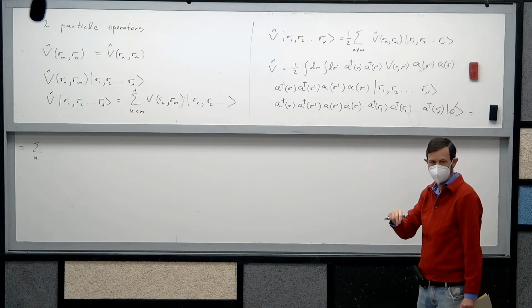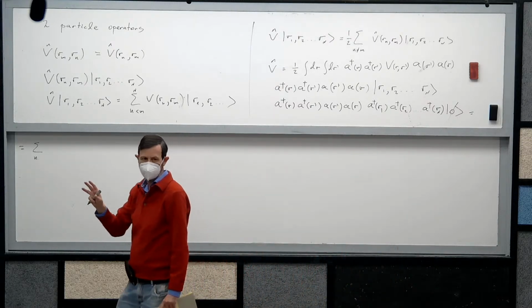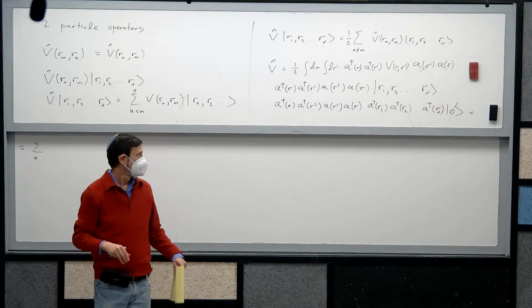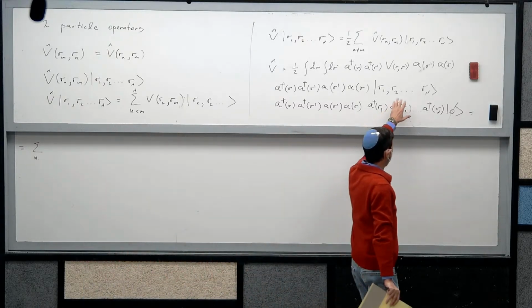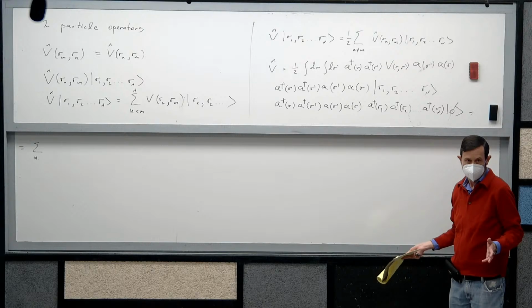I have a particle at R1, a particle at R2, a particle at R3, a particle at R capital N. But if you remember a couple of lectures ago, if I'm writing it down as single particle wave functions with all the permutations, it's becoming bloated. It's becoming a huge expression with lots of permutations. And as I said, we never want to work with it. It's just too complicated.